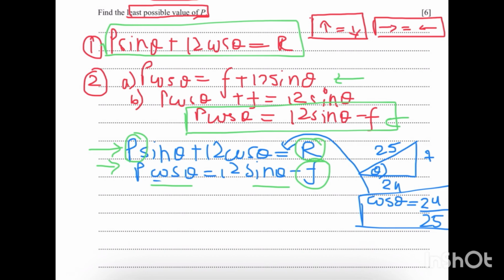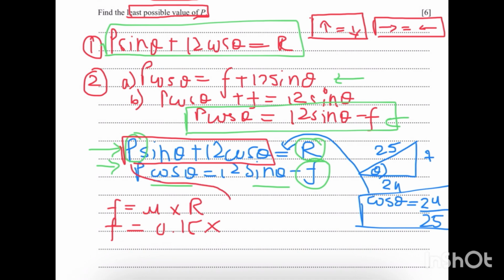We know that friction is always equal to mu times R, and they have given us the coefficient of friction mu, which is 0.15. That means friction is equal to 0.15 times R, and since the first equation is giving us the value of R, we can substitute it here in place of R: P sine theta plus 12 cos theta.